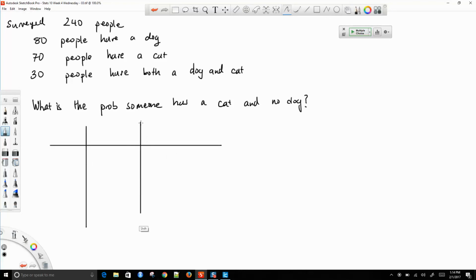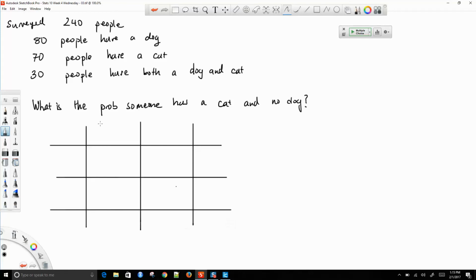So we can set up ourselves a two-way table. Okay, and we can say the world can be split into two types of people, people who have cats and people who don't. And as far as dogs go, the world can also be split into two types of people, those who have dogs and those who don't have dogs. And the total number of people we've surveyed is 240.